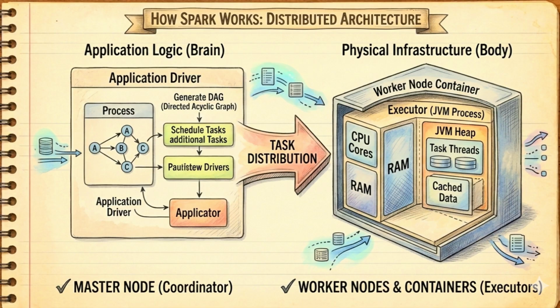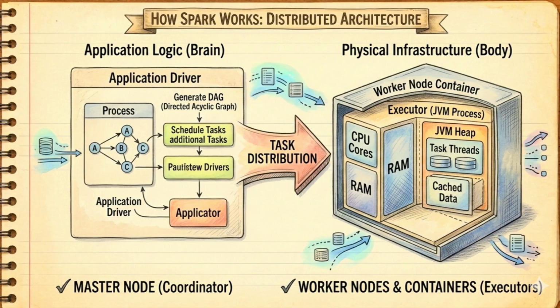One of the major reasons Spark performs so efficiently is its in-memory computing capability. Instead of repeatedly reading and writing data to disk, Spark can store intermediate results directly in memory. This makes Spark particularly powerful for workloads like machine learning, streaming analytics, and interactive algorithms.